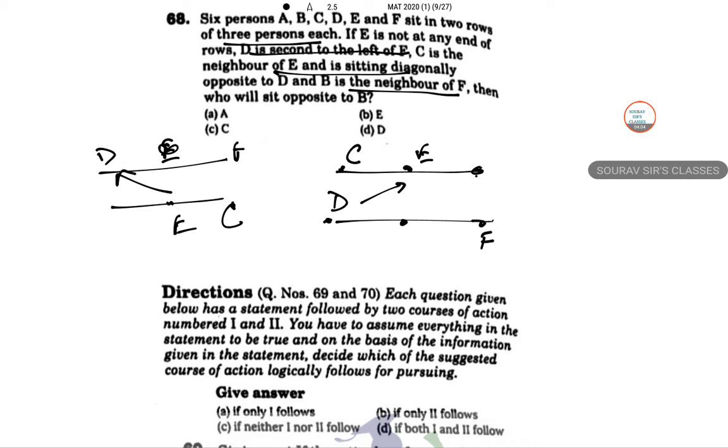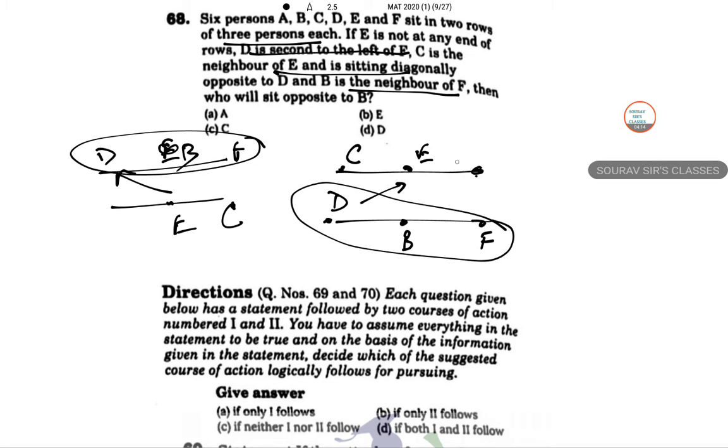And B is the neighbor of F. So here we can write B. So in both ways this D, B, F is confirmed. So C, E, only one thing is left, so it has to be A.